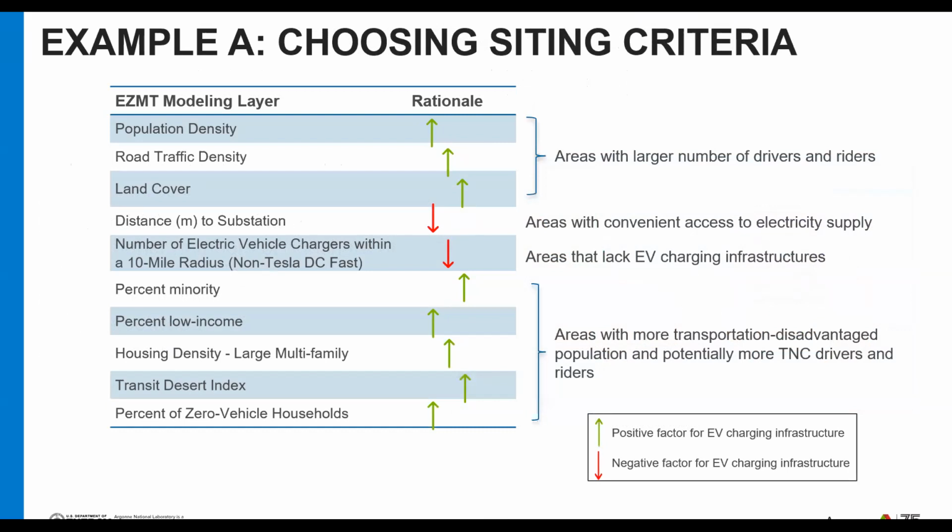Thank you. Like Jim talked about, in order to achieve this objective, we will need to select a series of modeling layers based on our objective. Here's a table of the modeling layers we included in this example. The first three are population density, road traffic density, and land cover, which describes the intensity of land development.